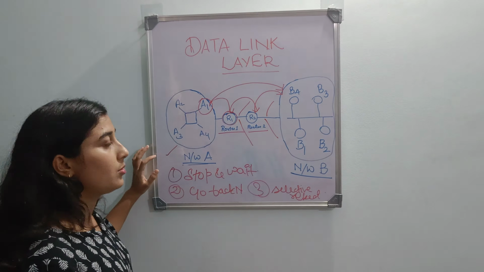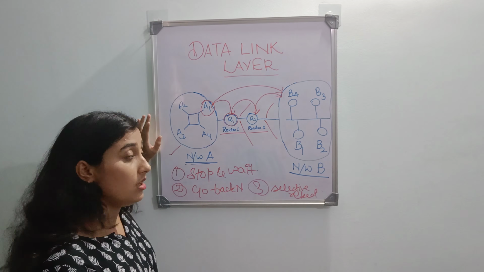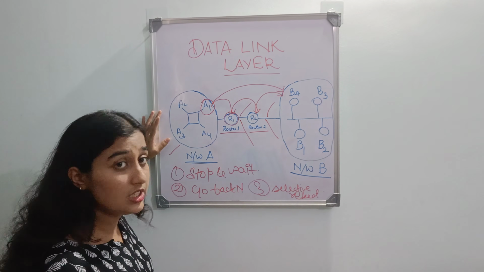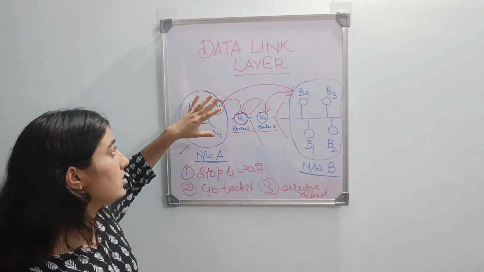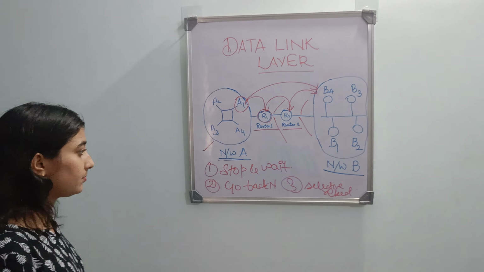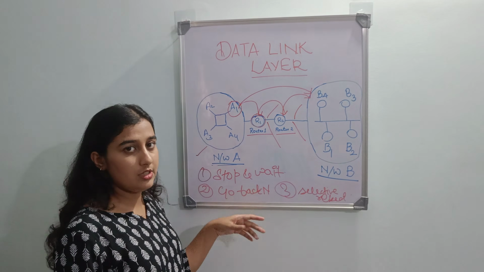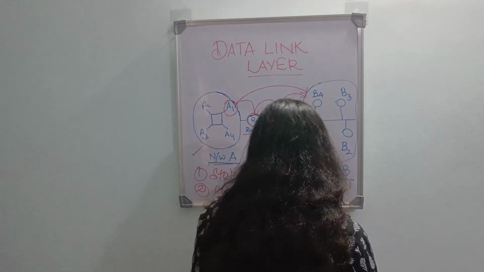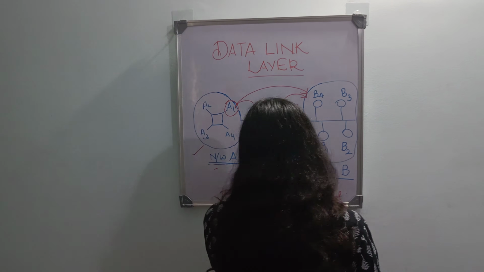So these are the three protocols that are followed to control the flow or the speed of the messages that are being sent. We will be learning about them in further videos. As of now, I am just explaining the basics.